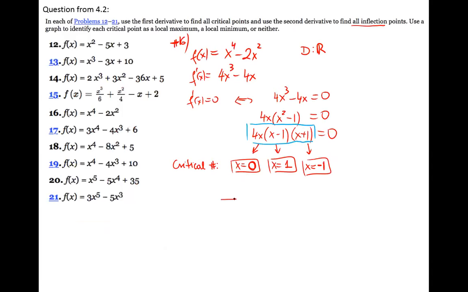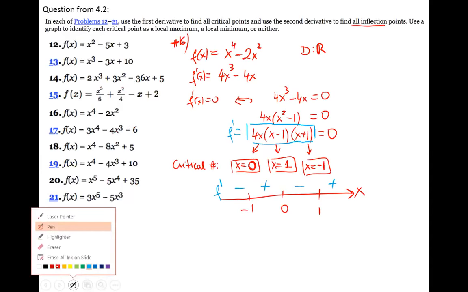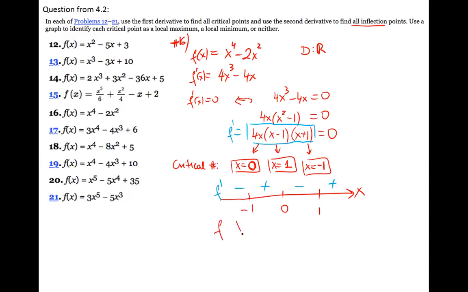This is -1, 0, 1, and we're testing that. If I substitute 2, I have positive, negative, positive, negative. If you're confident with one of the signs, then we can alternate because we know that we have to change the sign.